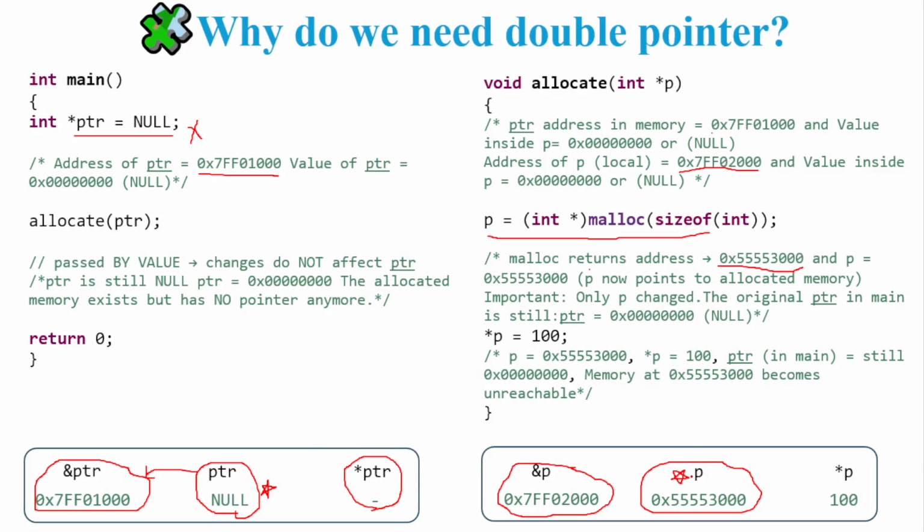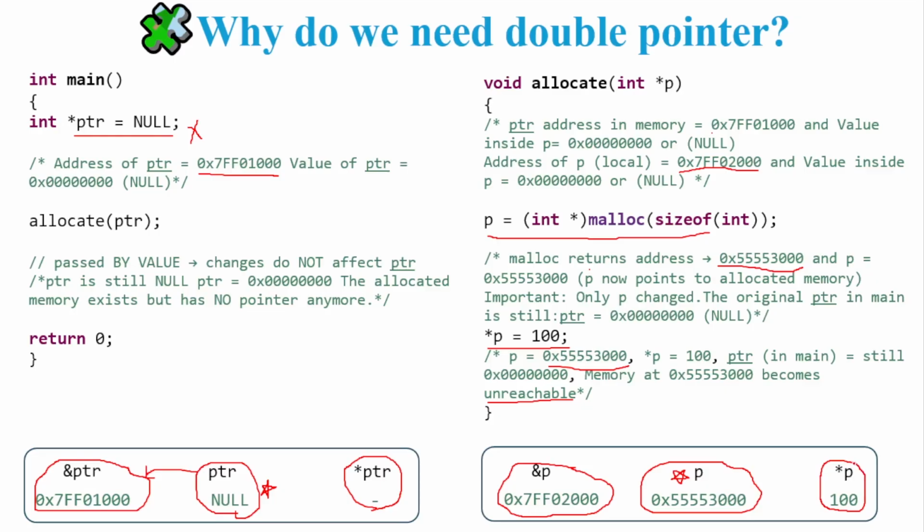The next statement, *p = 100, writes the value 100 to the memory at 55553000, which p can access. However, because ptr in main is still NULL, this allocated memory is unreachable once the function ends, demonstrating the classic problem of modifying a pointer passed by value. The caller never sees the change.